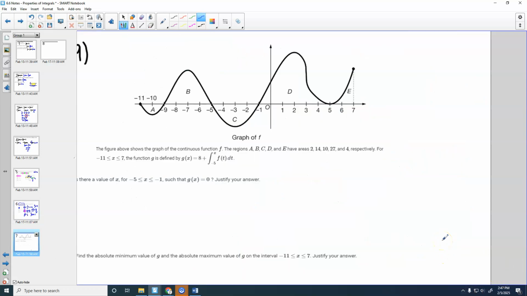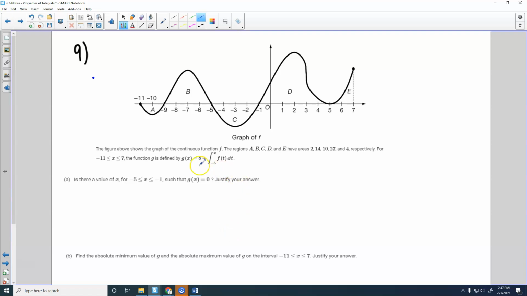Hold on. Let's see. Oh, this is not all that bad, actually. Okay, so they tell us that the regions A, B, C, D, and E, I realize that's probably impossible to read on your paper and not much better here. So I will label this stuff here. Have areas respectively. So this one right here is 2. B is 14.